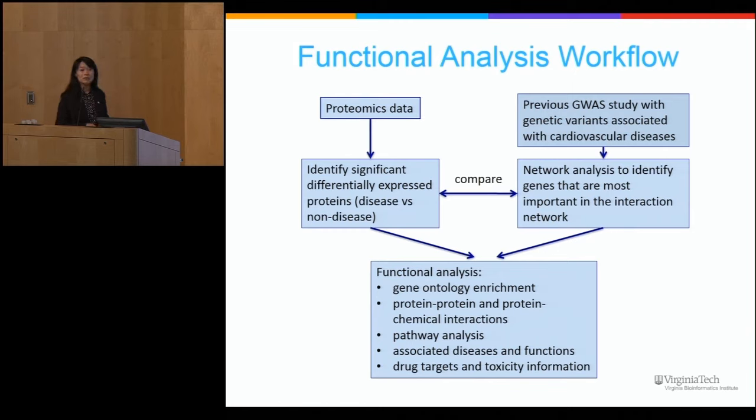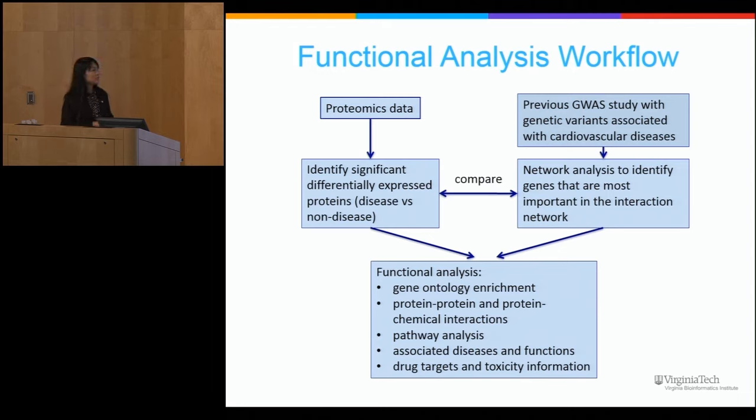From that list, we can build a network model to identify genes that are important in the protein-protein interaction network. And by comparing the two lists, we can look at what genes are similar between these two studies and what the differences are between the two studies.